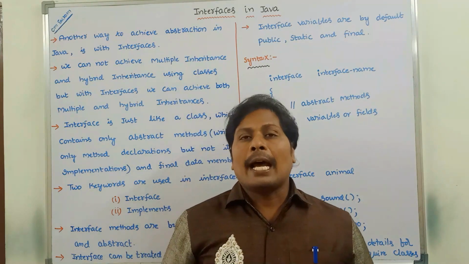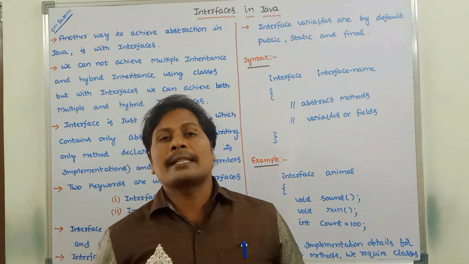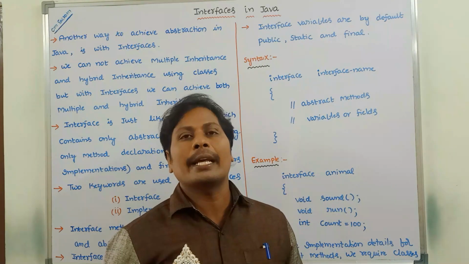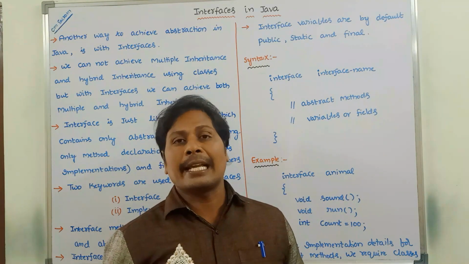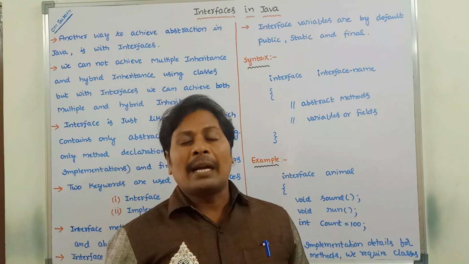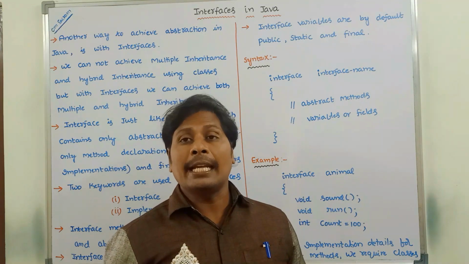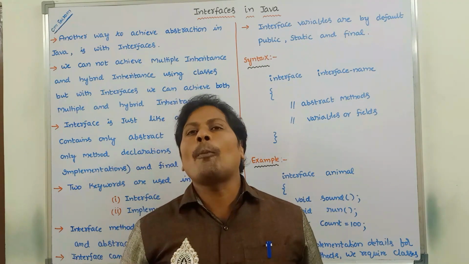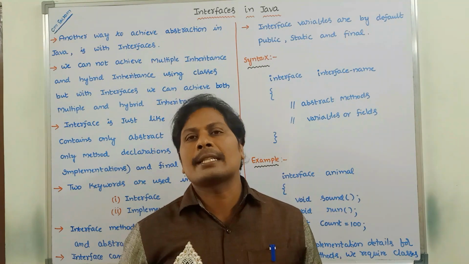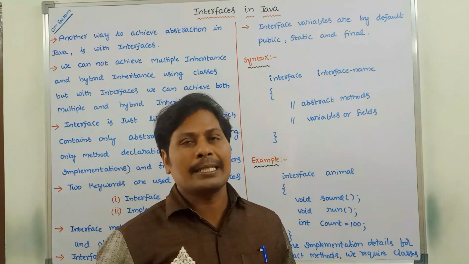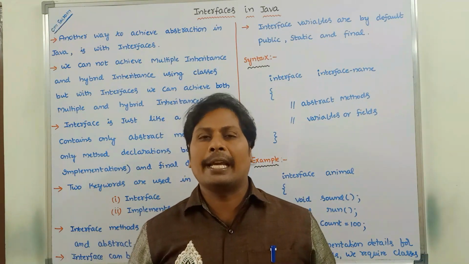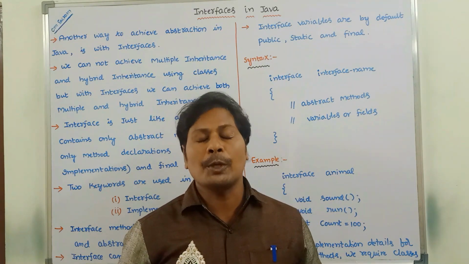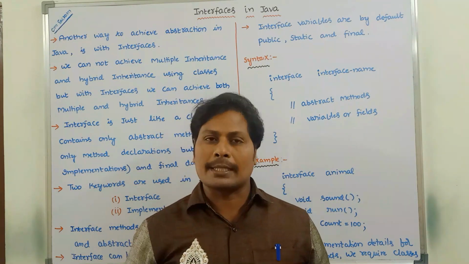Whereas hybrid inheritance is a combination of any two inheritances, like single inheritance, multiple inheritance, multi-level inheritance. If we take any combination of inheritances, then that inheritance is called hybrid inheritance. To achieve hybrid inheritance, we have to use the interfaces concept.